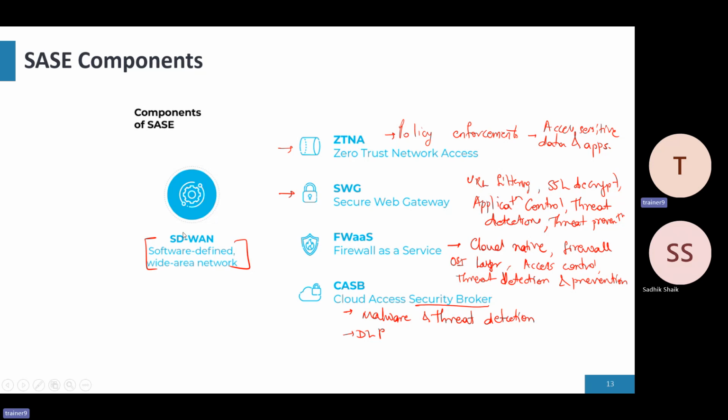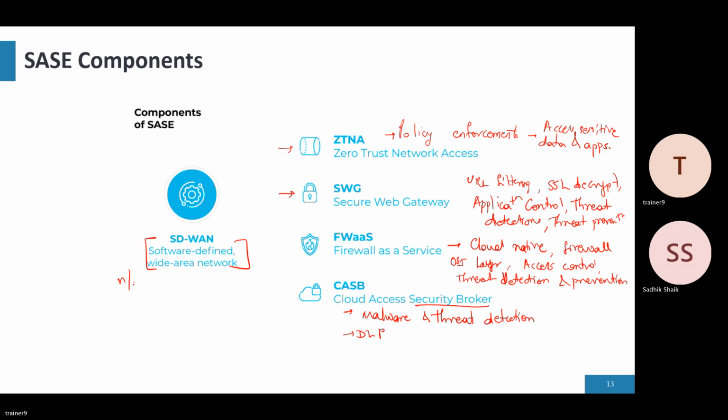Now, in addition to this, you have the software-defined network architecture. This SD-WAN is primarily a network overlay that is decoupled from the underlying hardware. It can provide all your capabilities, securing the traffic across them.